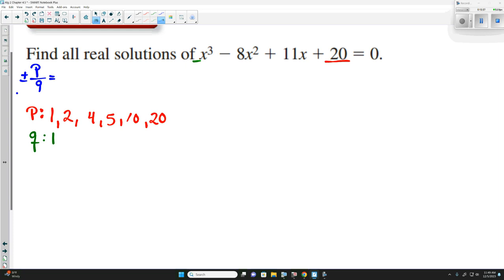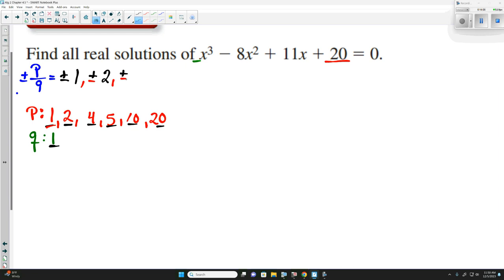Now for this, what we're going to do is take each of the factors of P and divide it by each of the factors of Q and add plus and minus. So the first one that we'll have is plus or minus 1 divided by 1, which is 1. Plus or minus 2 divided by 1 is 2.